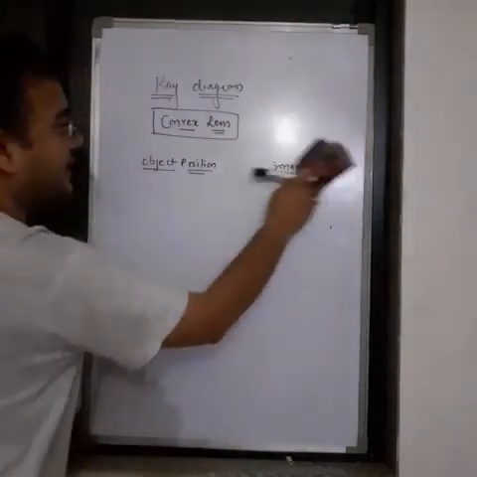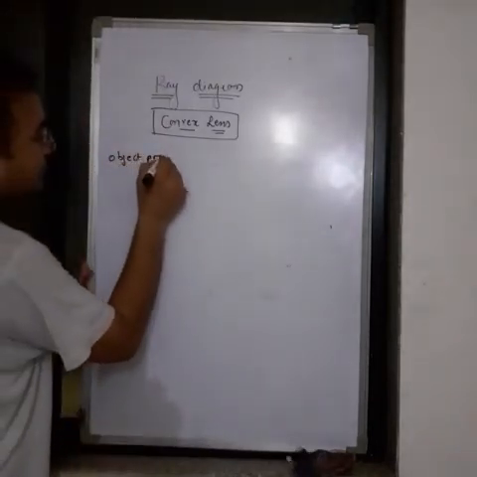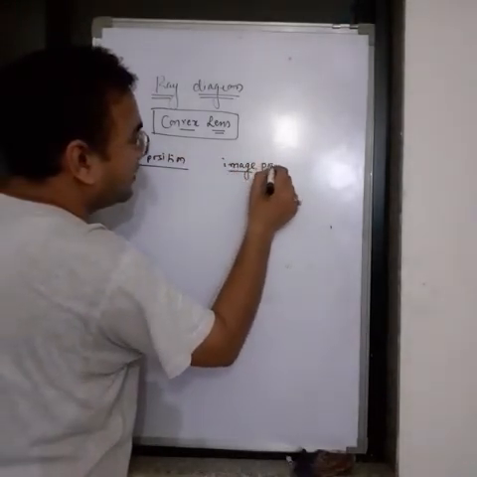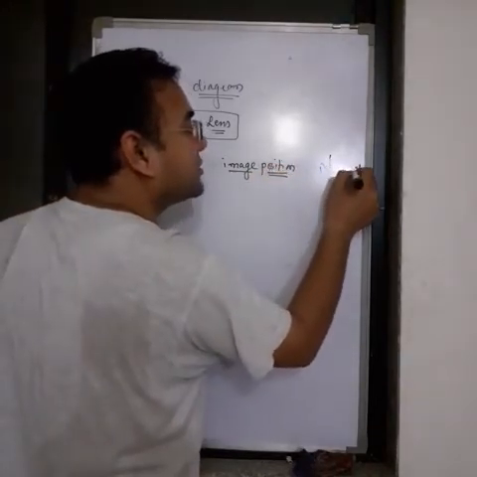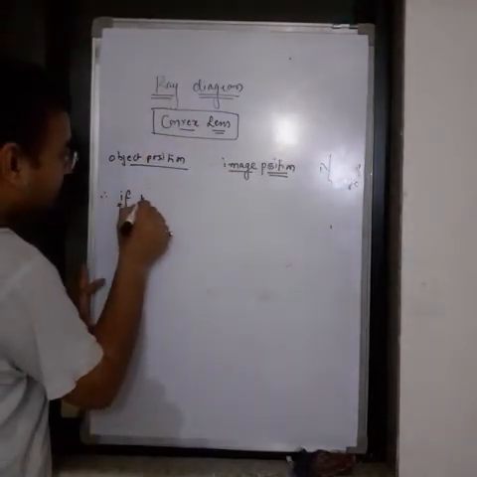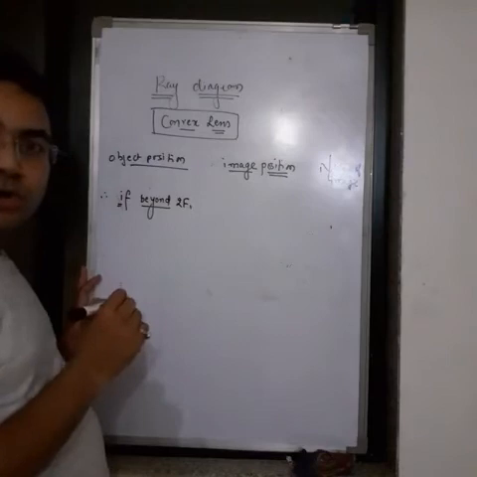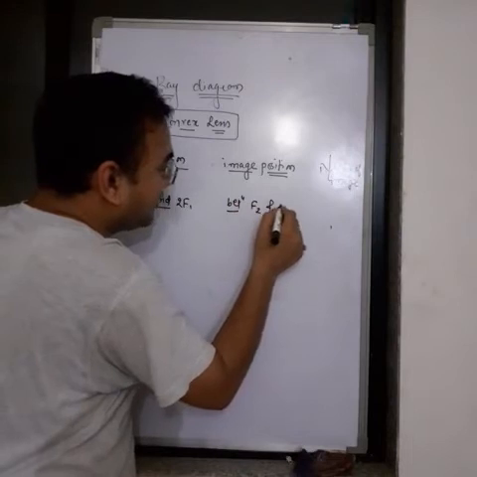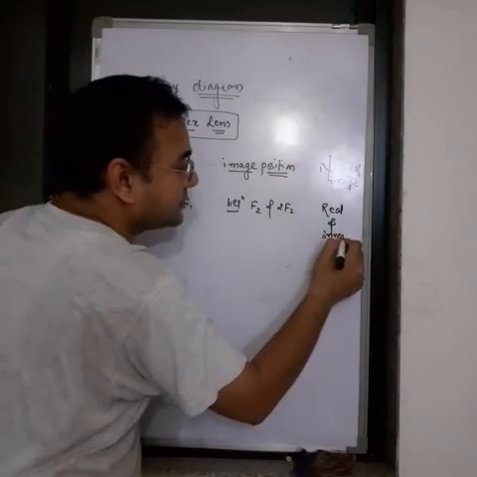One more thing we are adding here: object position, image position, and nature of image. If the object is beyond 2F1, then the image is between F2 and 2F2, and the nature is real and inverted.